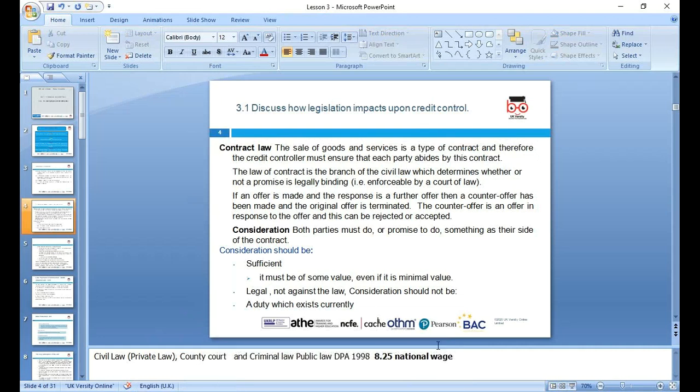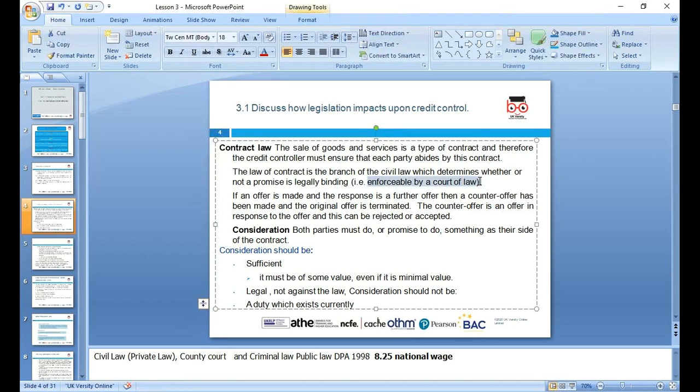Civil law goes to the county court. We have different court systems: the county court, while other matters go straight to the magistrates' court. So we need to look at different courts to deal with civil matters and criminal matters.